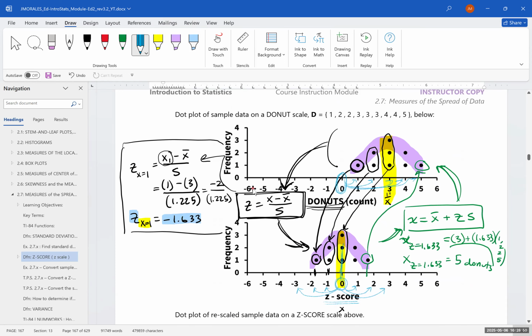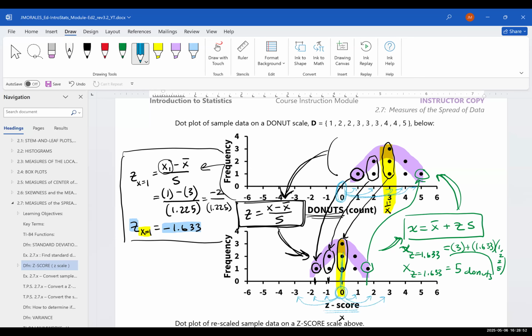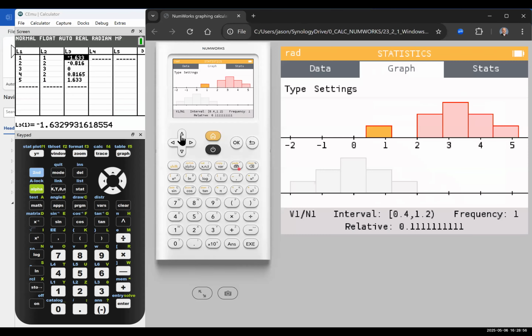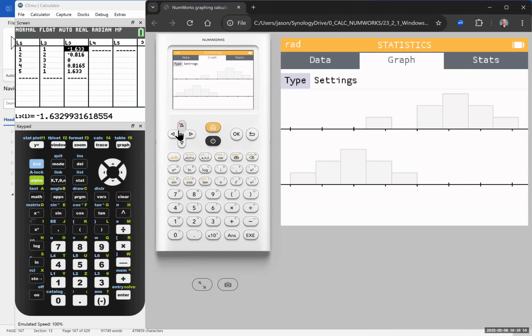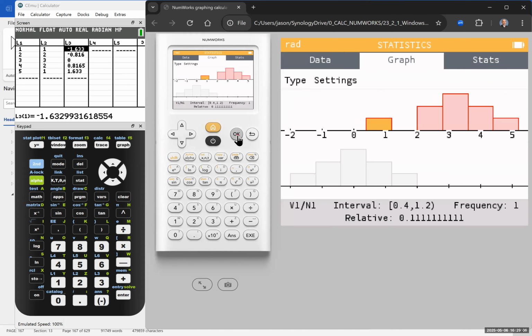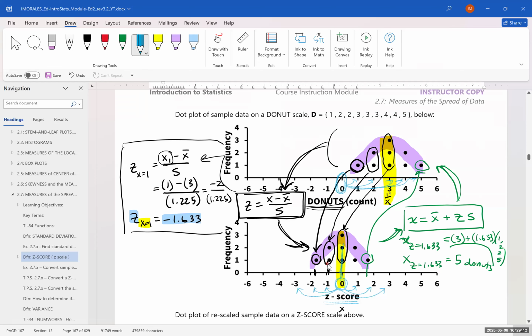Again, I've shown you how to use both the Texas Instruments and the NumWorks calculator to convert values into z-scores. My little graphing example didn't work out quite as well as I wanted it to, but this general idea was what I was trying to communicate, better in your student lecture notes.